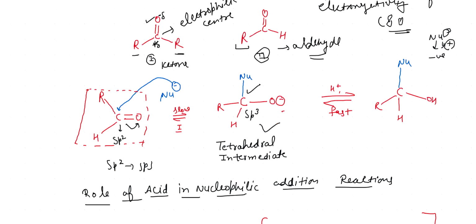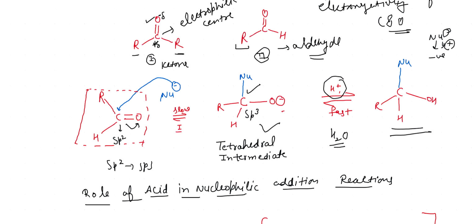Further, this intermediate will pick up a proton, either from the solvent, maybe from water, to give an electrically neutral addition product. So this is all about the nucleophilic addition reaction, how the nucleophile attacks the carbonyl center, and further the oxide oxygen gets protonated in the second step.